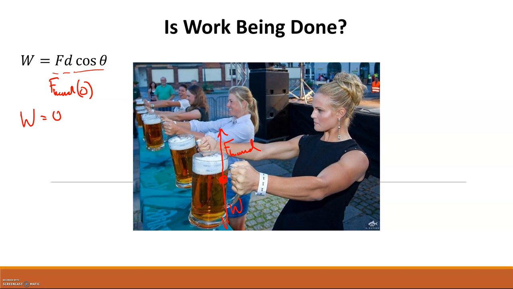What we're actually feeling is just the effort that our body is undergoing to hold up this beer. So we're not doing work on the beer. All of this effort is happening internally to us. There's no work being done on the beer. It's just what we're feeling because our muscles are having to fire.